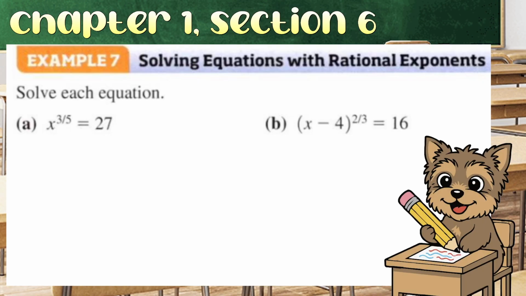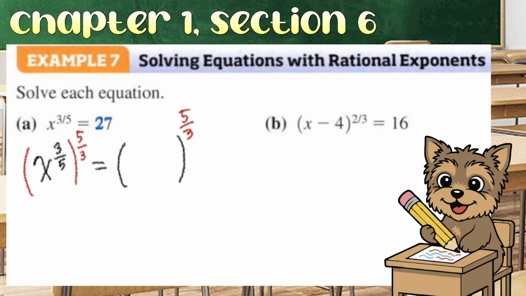So I'm just going to rewrite this, and I'll have x to the 3/5, and I'm going to raise that to the 5/3 power. And then it equals, that's really 27, and I will raise that to the 5/3 power as well.